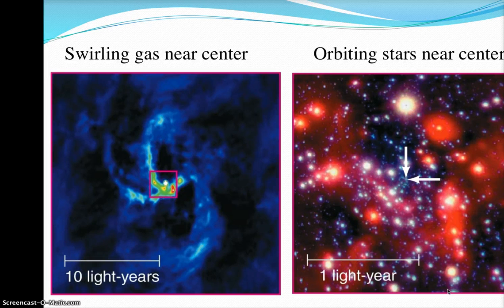Basically, we're seeing signs of a very strong gravitational force or concentration at the center of our galaxy. And the evidence for this is the motion of the stars near the center. They're moving very fast. And also the emissions of certain types of electromagnetic radiation, or different wavelengths of light, are a signal that there is some acceleration of gases towards the center.